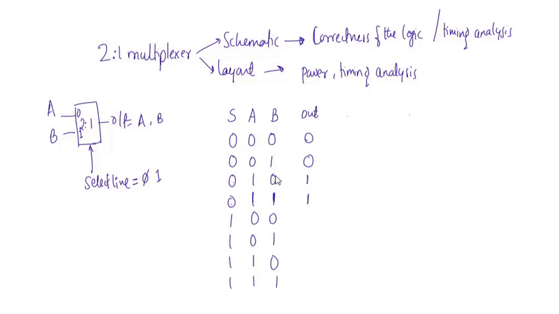Now when the select line is 1, the output will be whatever is present in B, because when I give the select line as 1, the first line will be selected, and the first line is nothing but the input B. So whatever is present in B will come over here. So here 1, and then this will be 0, this will be 1. So this is basically the result I'm going to get.